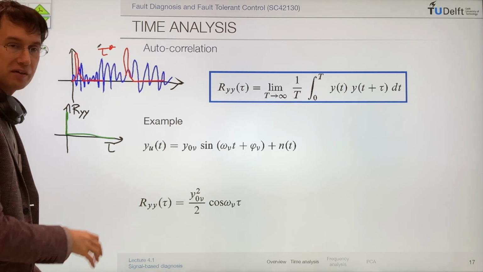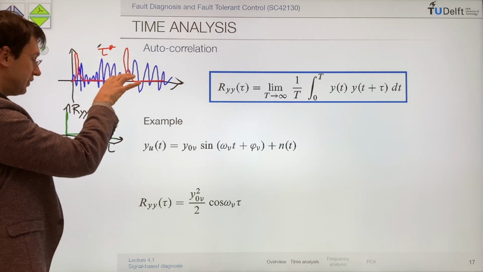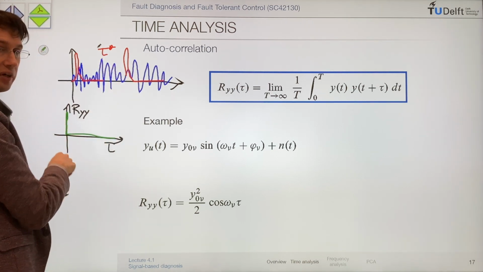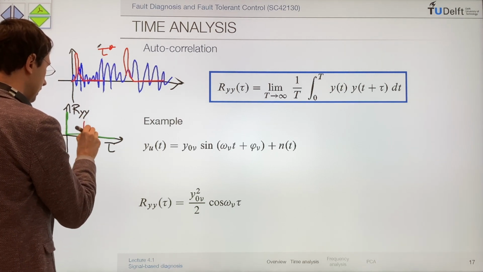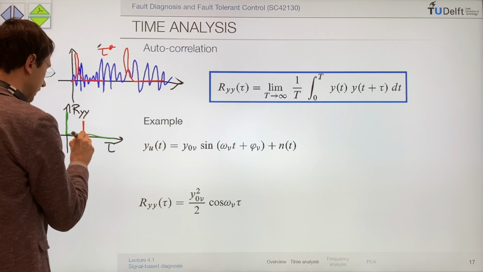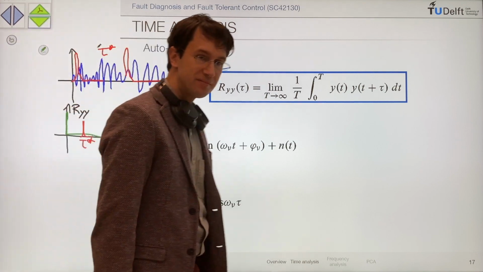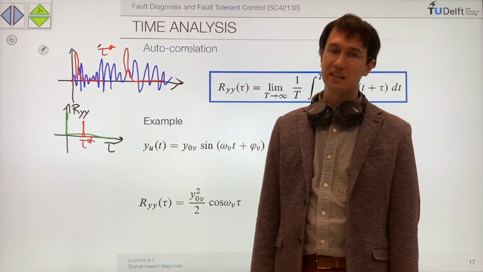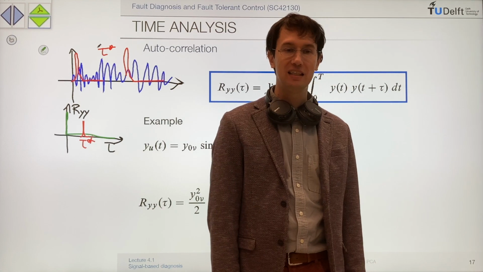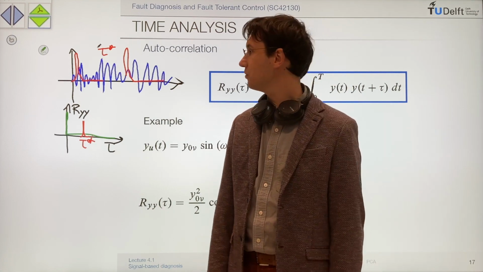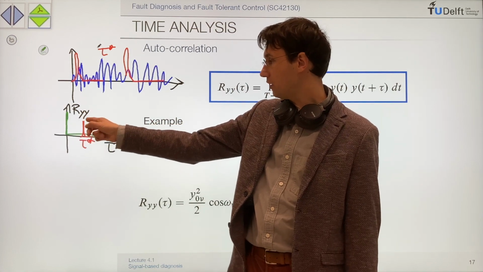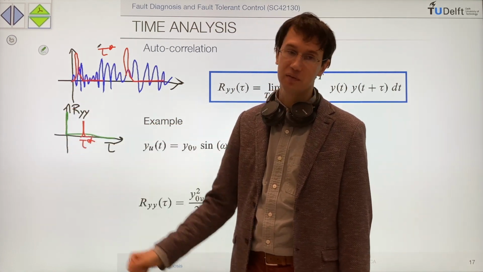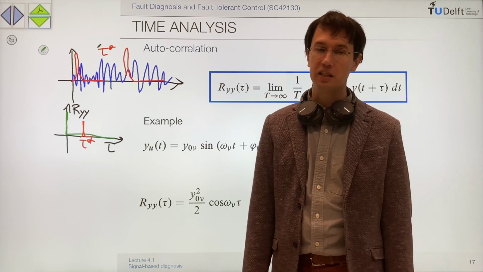When you have a periodic spurious signal on top of this and you compute the autocorrelation, no wonder you get a peak here, exactly for tau star. So, if you suspect that the fault is leading to some periodic behavior in the signal, you just compute the autocorrelation and you look at peaks that are not in 0.